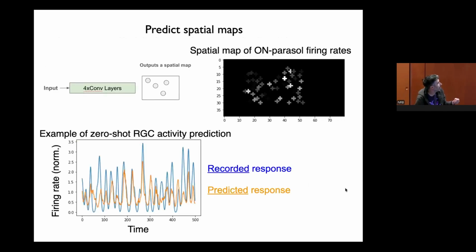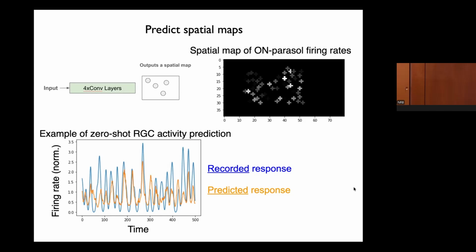And once we do that, we can start to make zero-shot predictions. This is an example of a model that's been trained on data from some monkeys, now predicting the activity of a ganglion cell from a new monkey that's shown here in blue. The orange is a prediction that comes from the model trained on other monkeys. And there's a few things to note. One is that the prediction is not perfect.